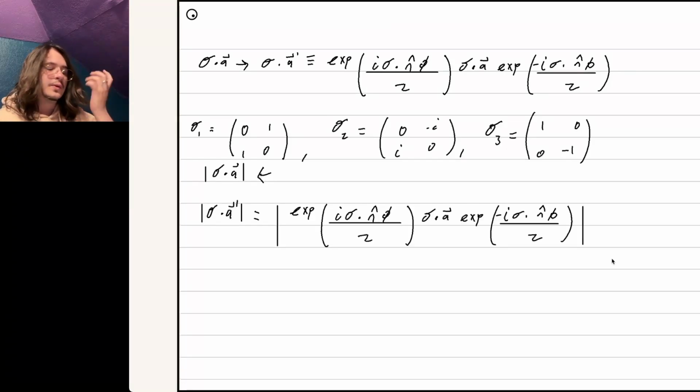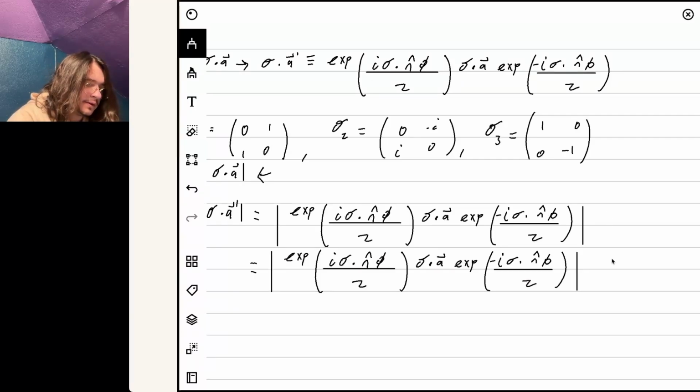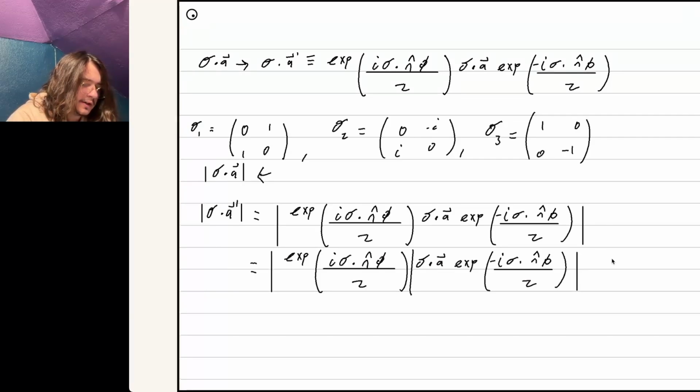So the cool thing about determinants when you're multiplying multiple matrices together is that you can just split up the determinants. You're literally just saying, do this determinant and this determinant and this determinant all separately.